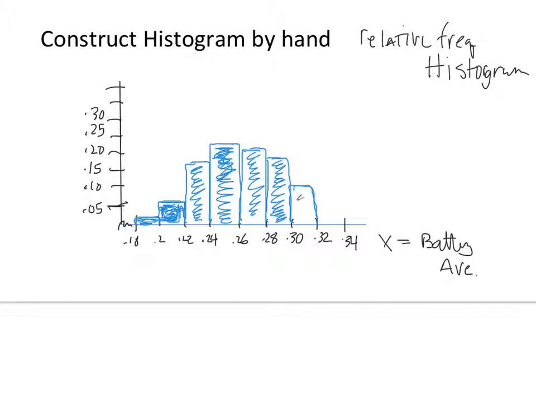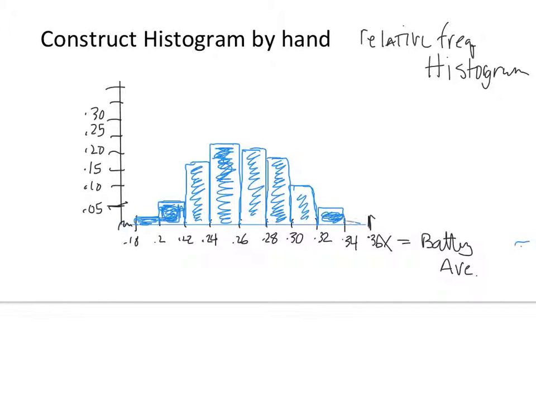And then finally we have the last value, batting 0.32 to 0.34. We had about 3% or 4%. Yeah, almost 4% there. Oh, I've got one more to do. I still have one more interval that I have to worry about, and that's 0.36, right? So I had batting averages up here, and that's very small.